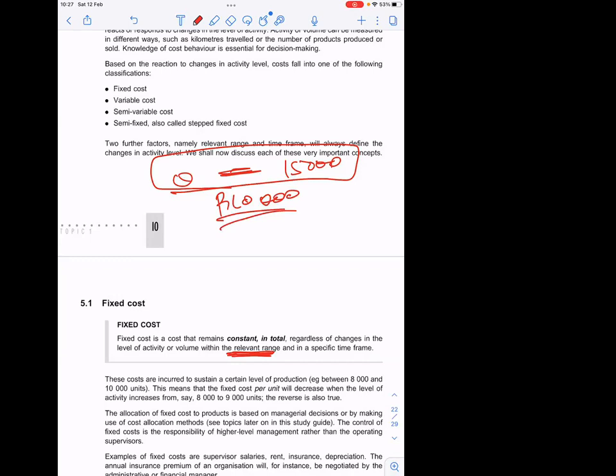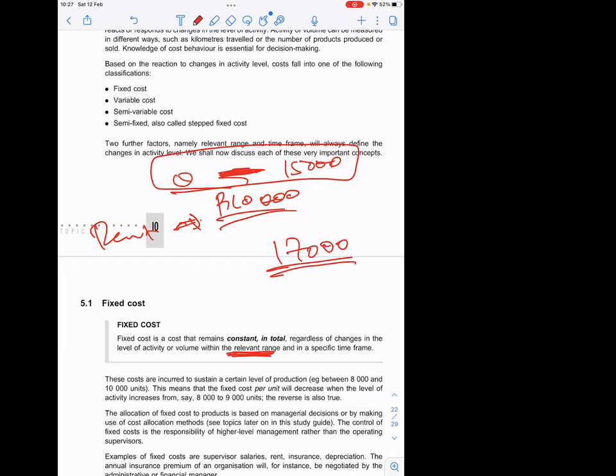Now, if they produce beyond the relevant range, problems are going to arise. If this is the rent for that factory space, for that warehouse, it will be fixed. As long as you're operating within that relevant range, you incur 10,000. Problems are going to be triggered, for instance, if there's a production output of 17,000, it's no longer within the relevant range.